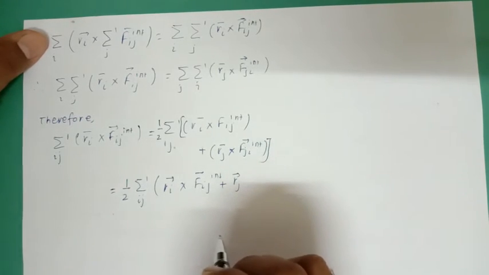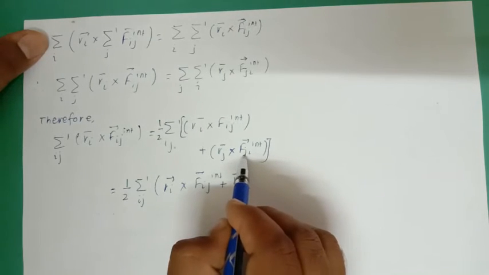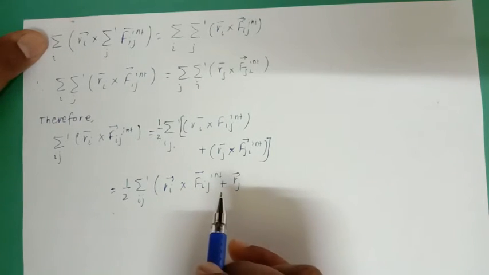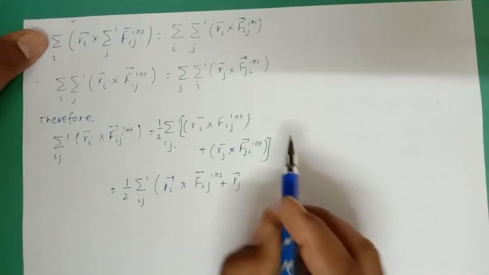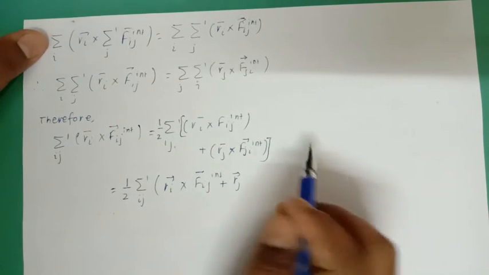What is Fji? Fji is the internal force acting on the jth particle due to the ith particle. It is the same as the force acting on the ith particle due to the jth particle, but equal in magnitude and opposite in direction.